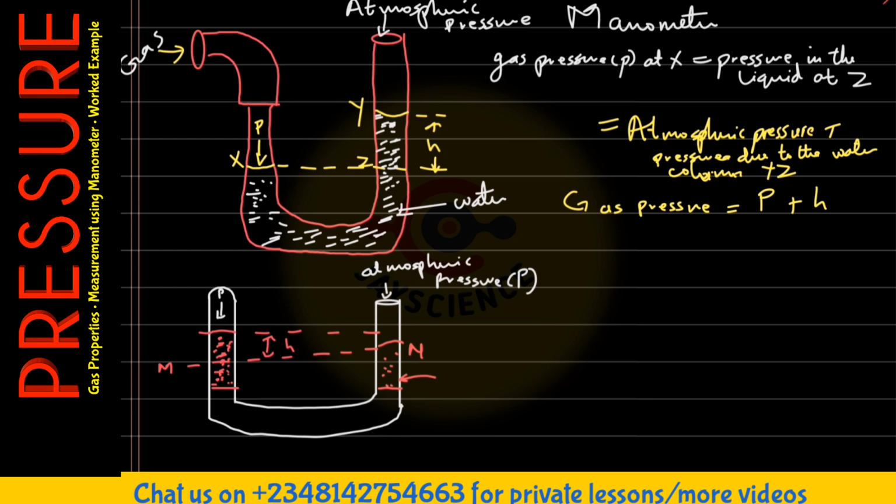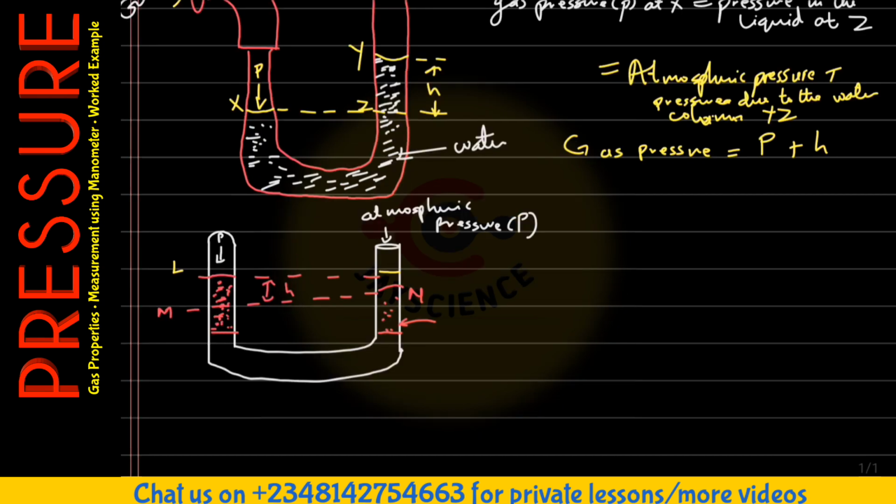Now on the other side, you have this diagram right here. Up here you have the atmospheric pressure. The liquid you have here is mercury, and up here you have your gas.